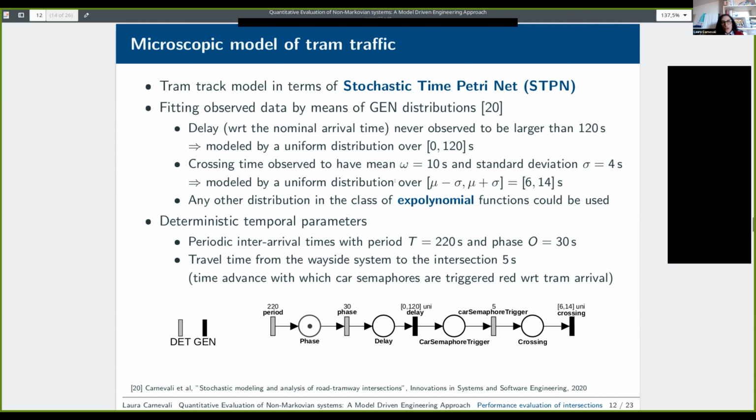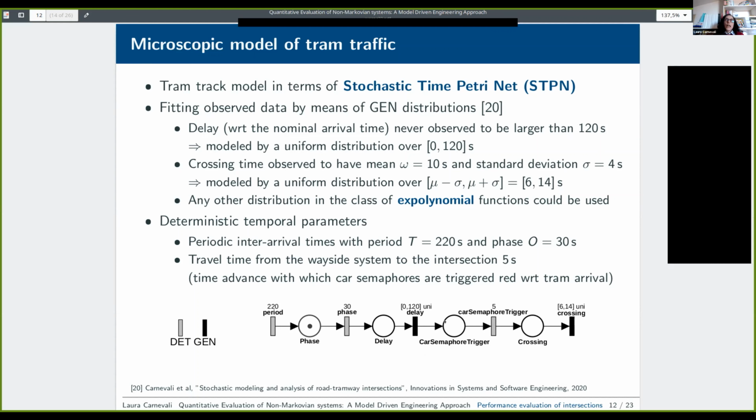I would like to stress that in this specific case, we have fit the available data, which were provided by the company that manages the Florentine tramway. We have fit this data using uniform distributions, but in principle we could also use other distributions.